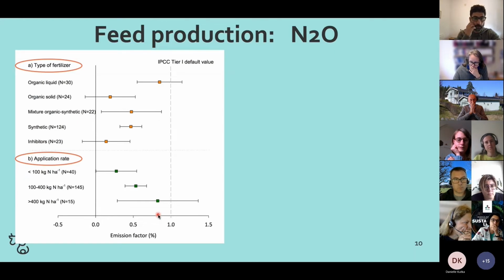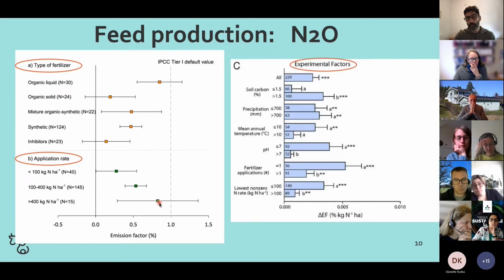Another factor that is important is the application rate. As you can see here, the more nitrogen that we include per hectare as fertilizer, the greater the percentage that is lost as nitrous oxide. So there is a linear exponential relationship that is also important to consider. And there are many other factors, environmental factors like the carbon content in the soil.